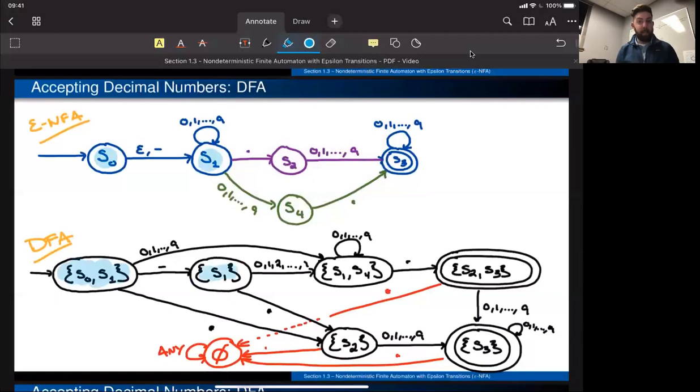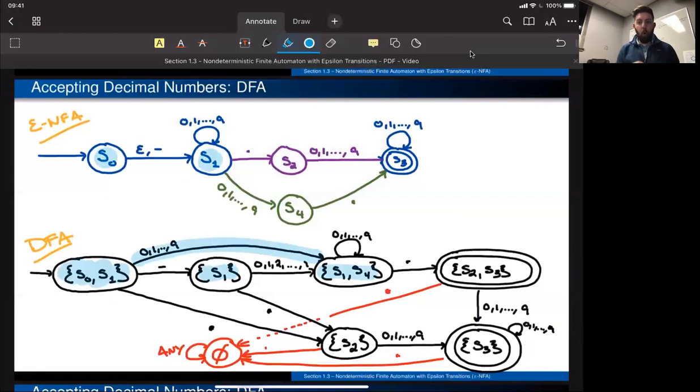If I was at S0 or S1 and I read a number, well, if I was at S0 and I read a number, it's going to say, nope, you should have taken the teleporter. And if I was at S1 and I read a number, I can either sit at S1 or I can go down to S4. So that's why I get this little arc, and then I go into that little spot. So it's my possibilities of S1 or S4.